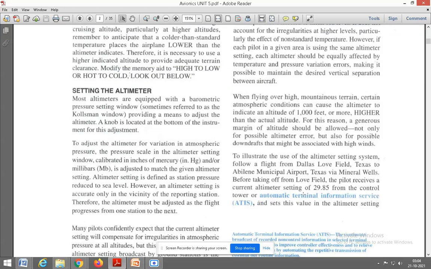So for this reason, a generous margin will be allowed for indicating the altitude value, which will not create the altimeter error, but also for possible downdraft that might be associated with the high winds.